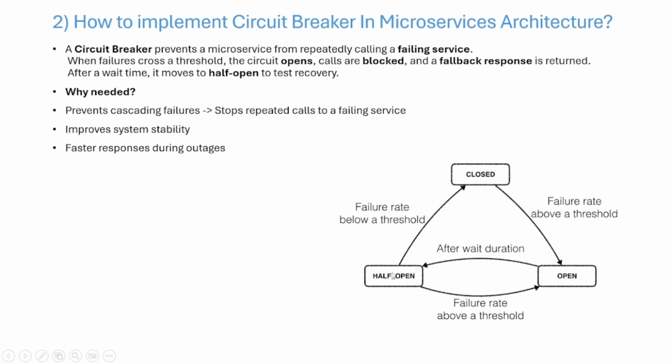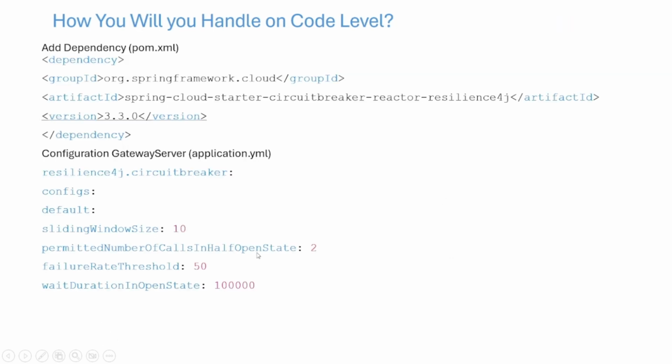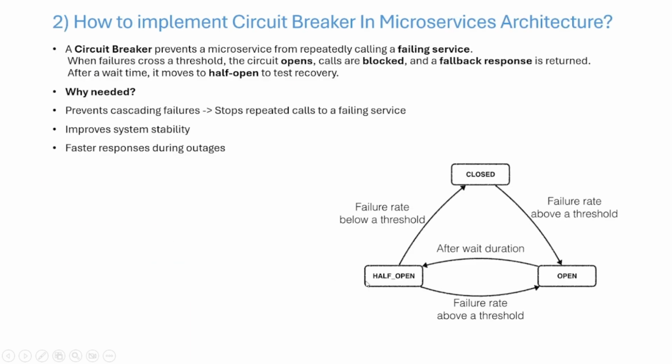But after reaching the half open state, if out of the 5 or 6 microservices, 2 microservices are performing well, that is the threshold I have given, the permitted number of calls. If 2 microservices are performing well out of the 5 or 6, then the failure rate would be below the threshold.